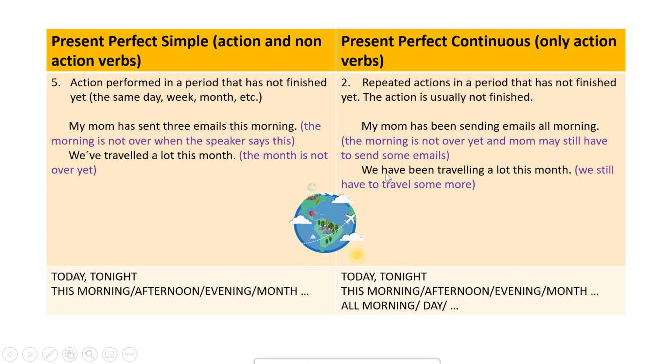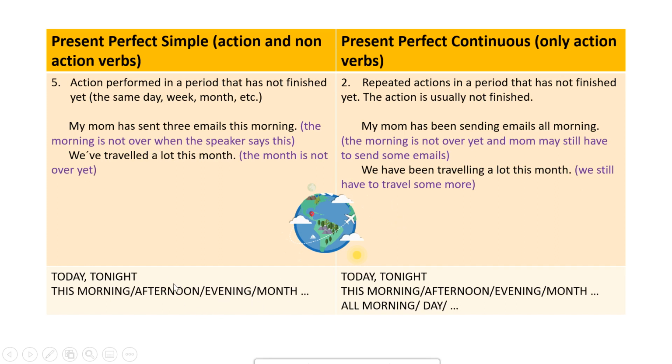But when I use present perfect continuous and I say we have been traveling a lot this month, my focus in the sentence is that we still have some travel to do, okay, during the month. I'm focusing on this. They are very similar though. Yeah, very similar.